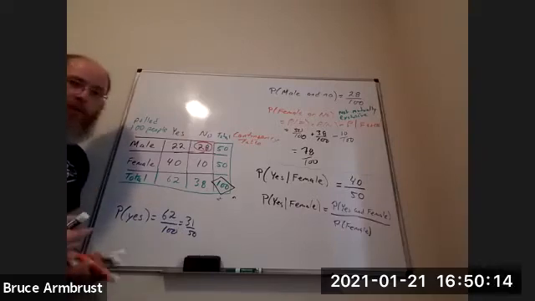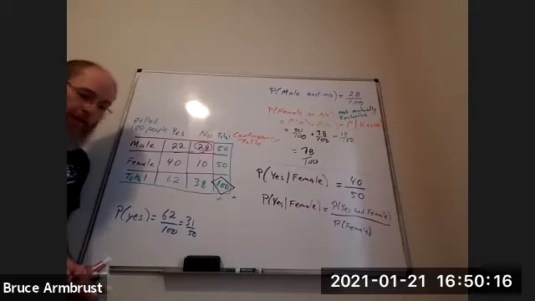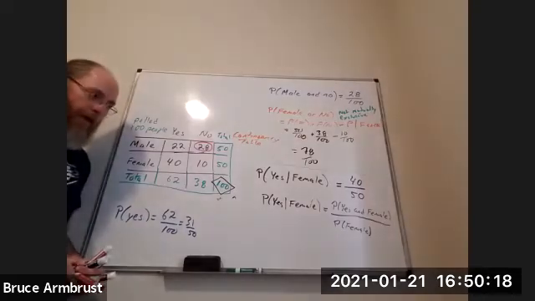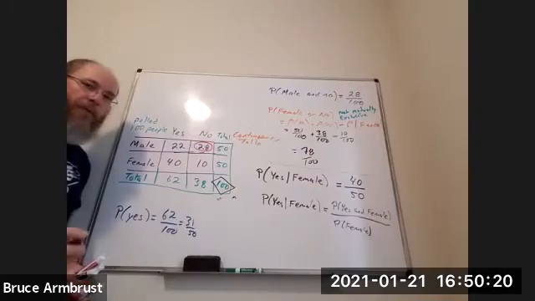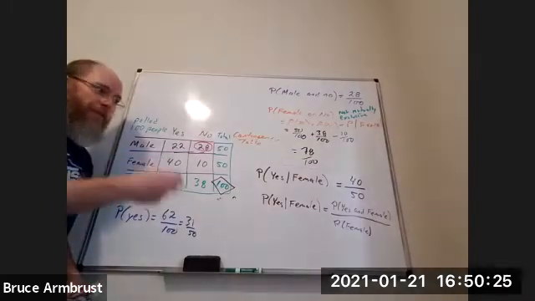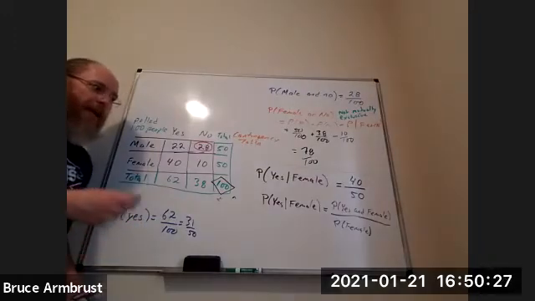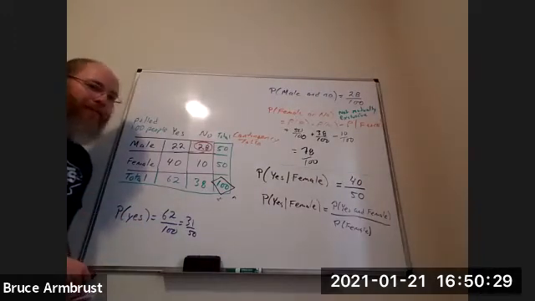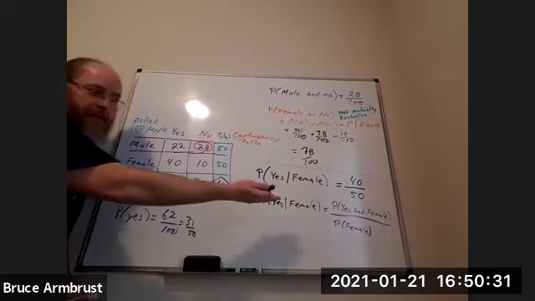So there is a formula for conditional probability, and I think I gave this to you last time, right? Probability of A given B is the probability of A and B over the probability of B. If I didn't, that's what this is saying.